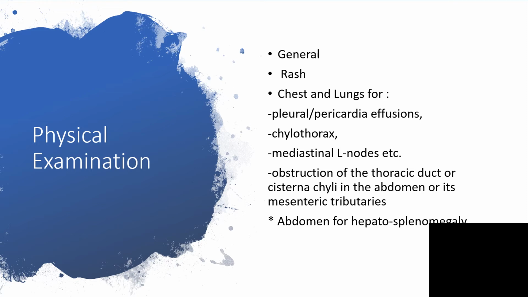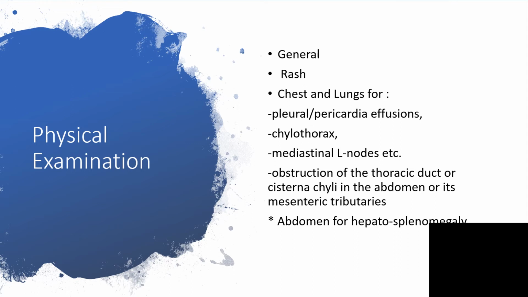Chest and lungs for pleural effusion, or the heart for pericardial effusion, muffled heart sounds, distended neck veins, or hypotension, Beck's triad of cardiac tamponade.